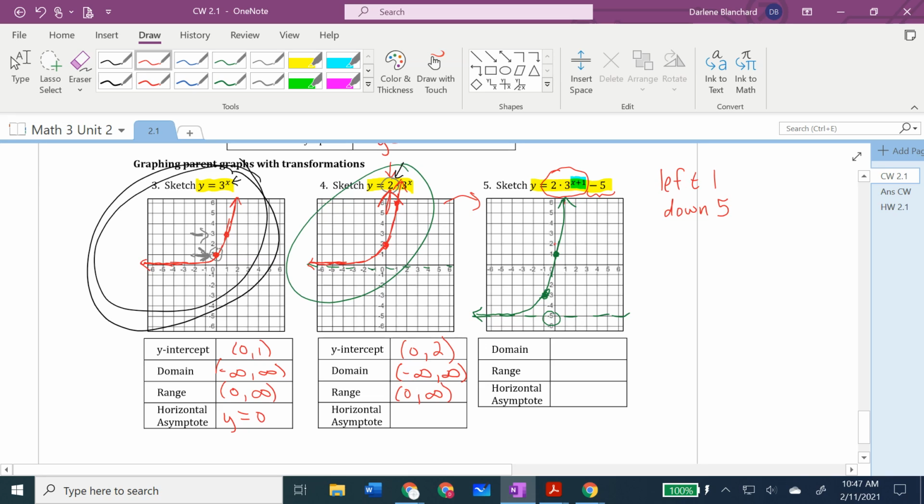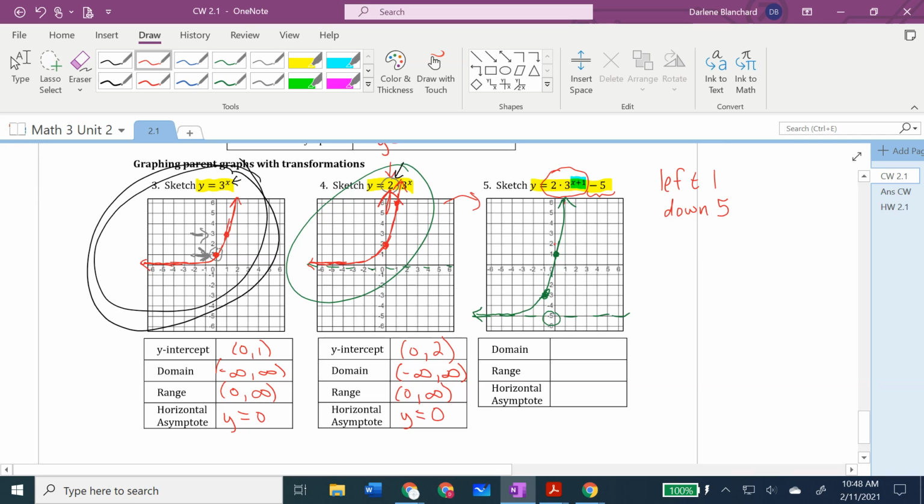As long as I multiply by a positive number, the range will not be changed. And think about why that is. If the range is just positive numbers only, and I multiply them by positive numbers, I end up with positive numbers. The horizontal asymptote isn't changing.